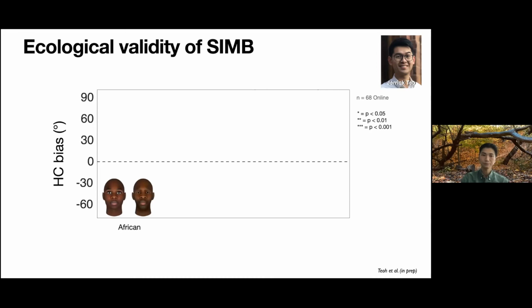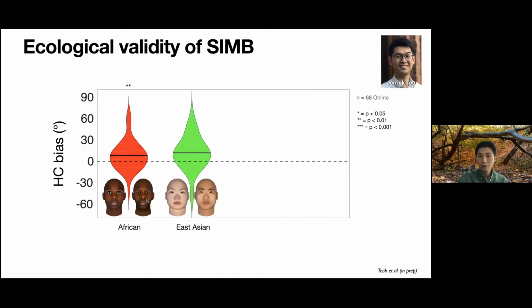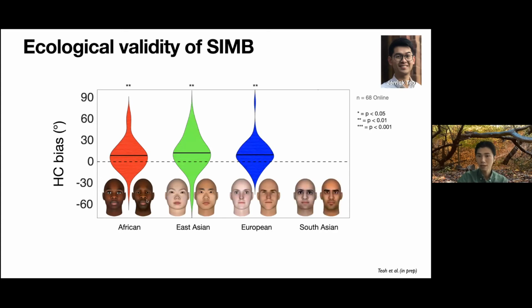But anyhow, we also created separate wheels for male faces and female faces. Let's see whether the bias occurs for all kinds of races. Yes for African faces, yes for East Asian faces, yes for European faces, and the South Asian faces. So regardless of the race, we are able to induce this SIMB with complex stimuli.